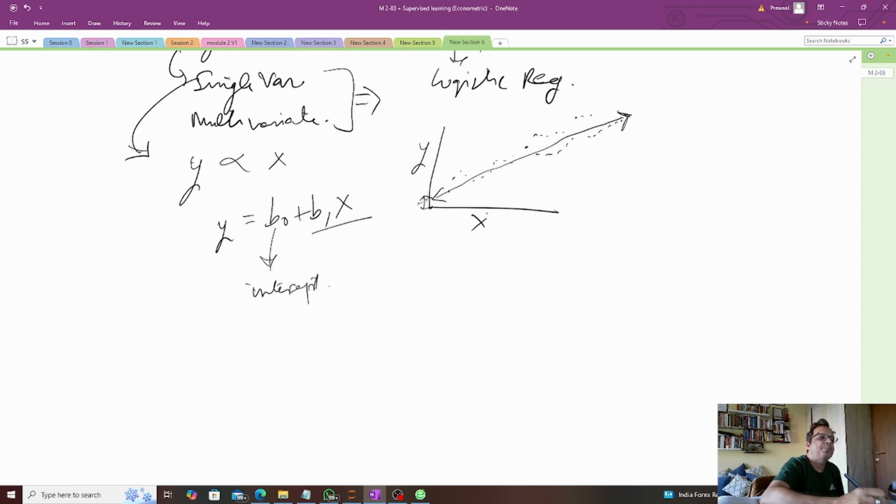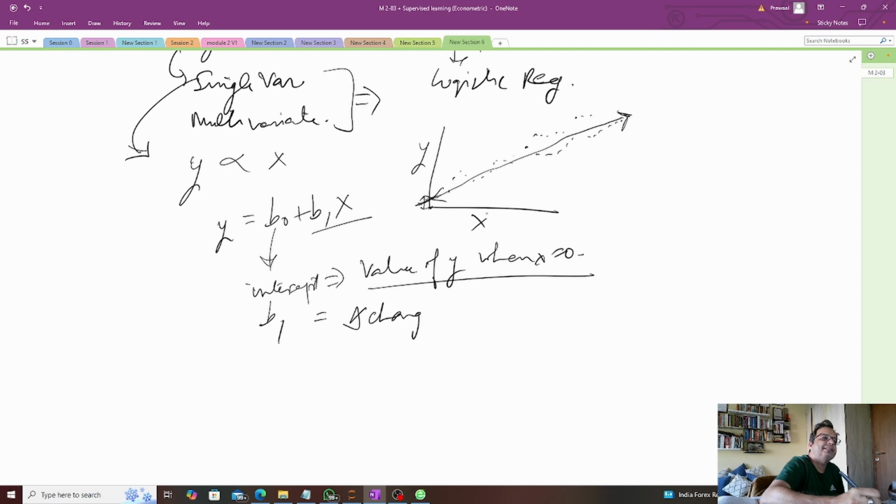So that's the intercept, it means it's the value of y when x equals 0. And beta 1 is nothing but the delta change in y with a unit change in x.